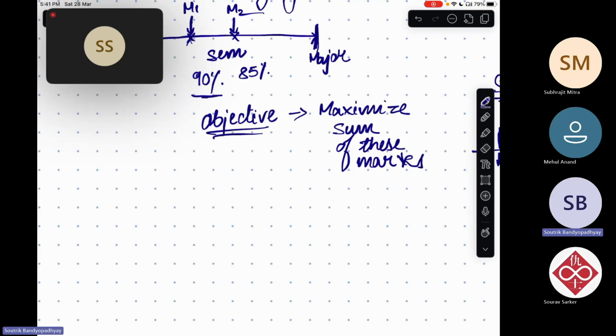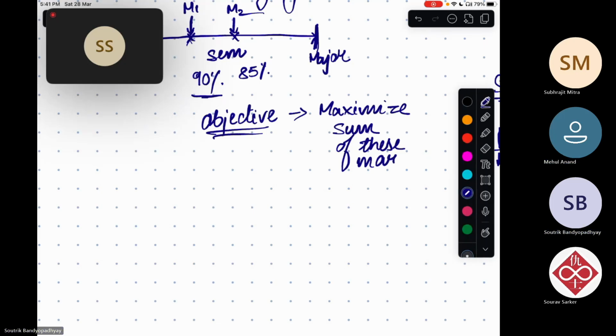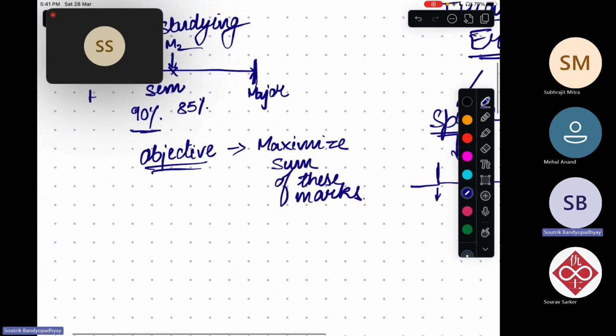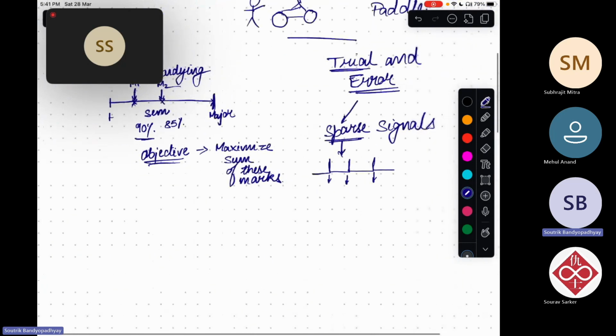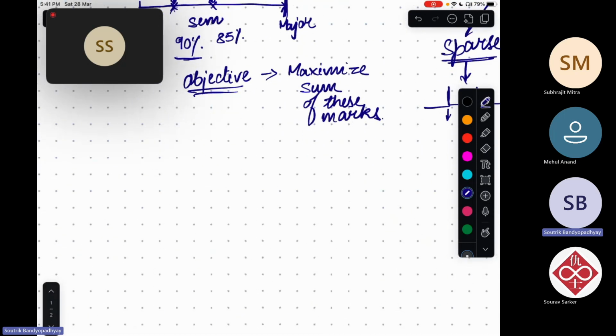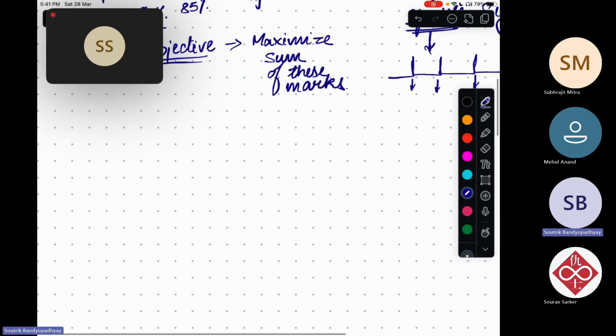Yeah, sorry. So in effect, what you want to do is, over the entire semester, maximize the sum total of the marks that you get for the semester.